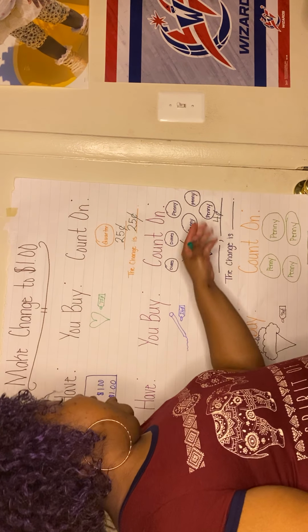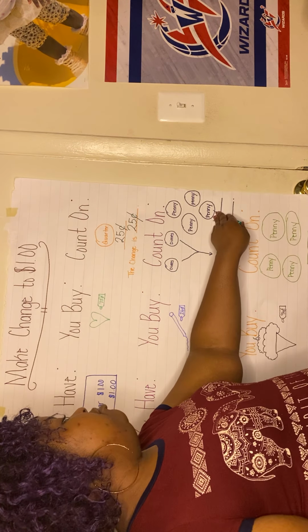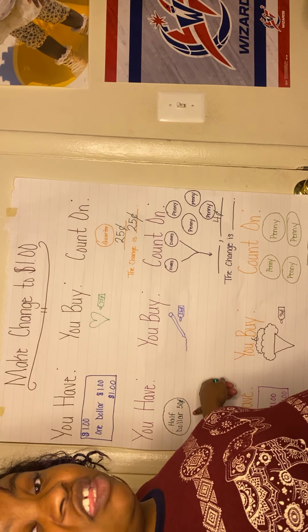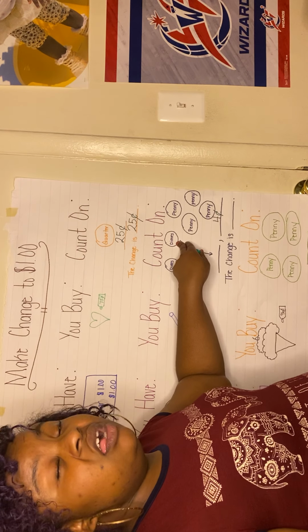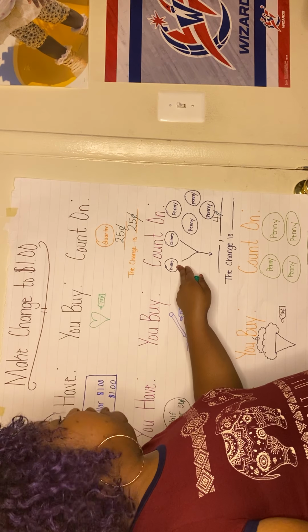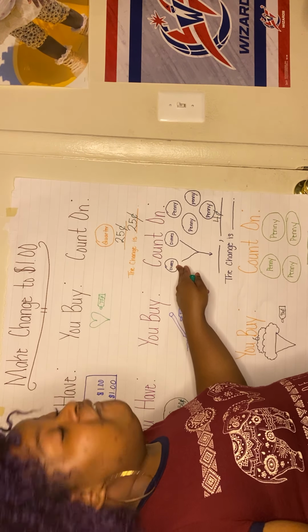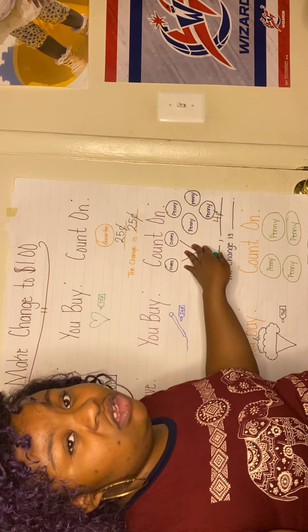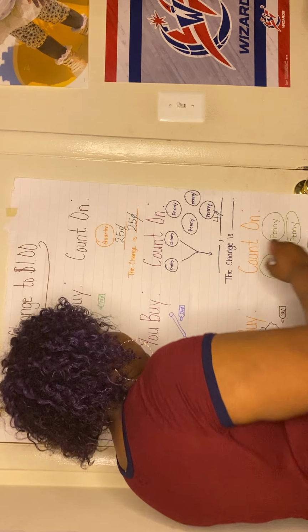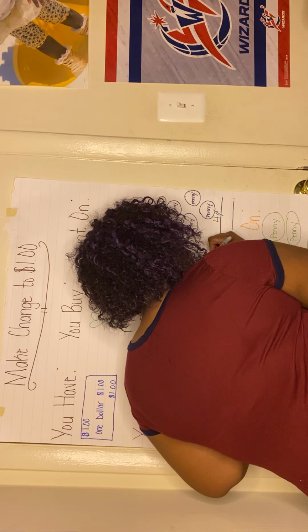And then if I'm at 30 here, but I'm trying to get to 50, which is my half dollar, 30 plus 10 gives me 40, and then 40 plus 10 gives me 50. So I'm at 50, but how much is 2 dimes worth? 20 cents. Good job. So then right here, you're going to write 20 cents.